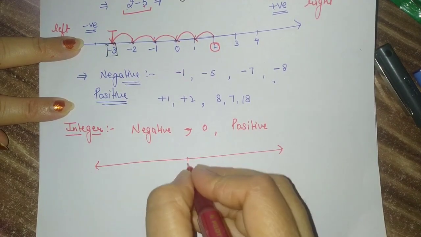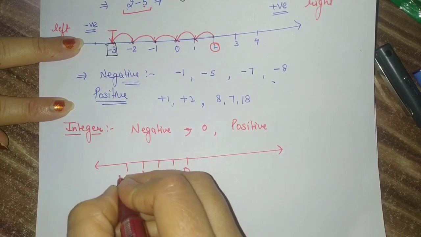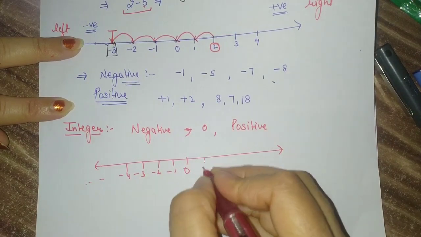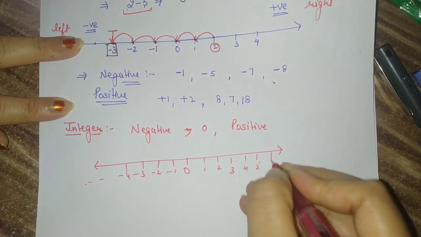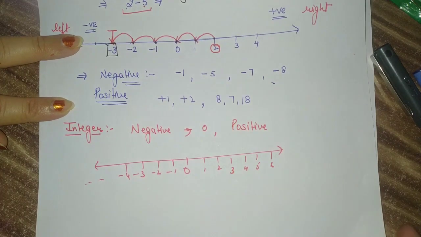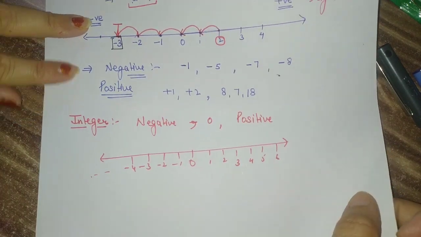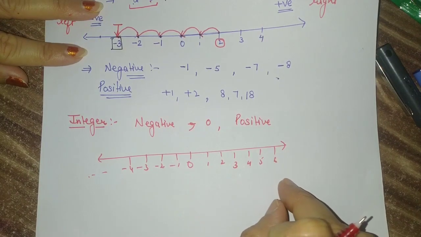All the negative numbers, all the positive numbers are integers. Okay friends, like whole numbers and natural numbers, integers are also endless.